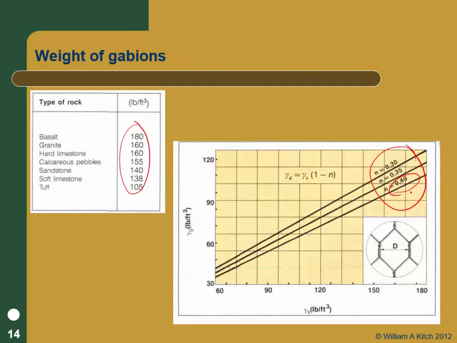So rather than calculate a unit weight for the material grossly, you calculate the unit weight of the rock, and then come in with your equation right here. The gross unit weight is essentially the unit weight of the mineral solids times 1 minus the porosity, and this is just a little design chart to do that. So that's kind of interesting.